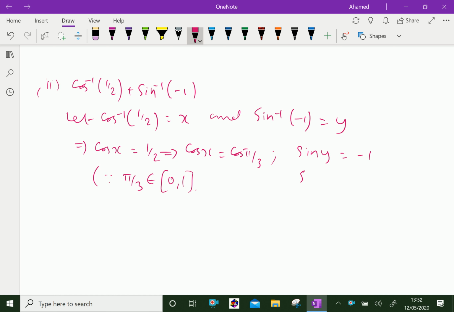Therefore further you can write sin y equal minus sin of pi by 2, that is minus 1, so sin y equal to minus 1.